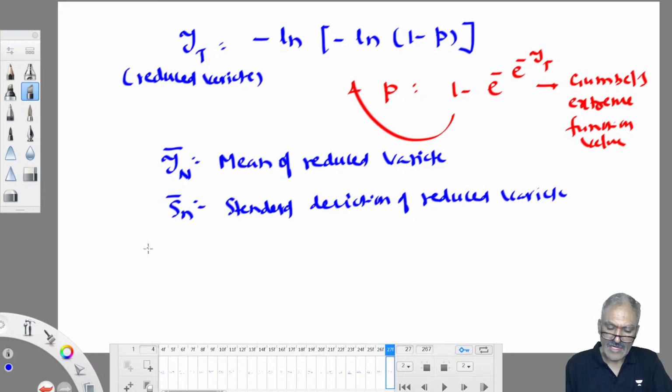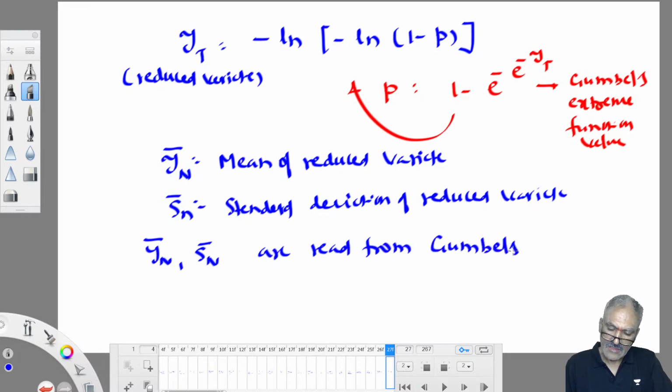So this YN bar and SN bar we can read from Gumbel's probability tables, and their values depend on the sample size n.